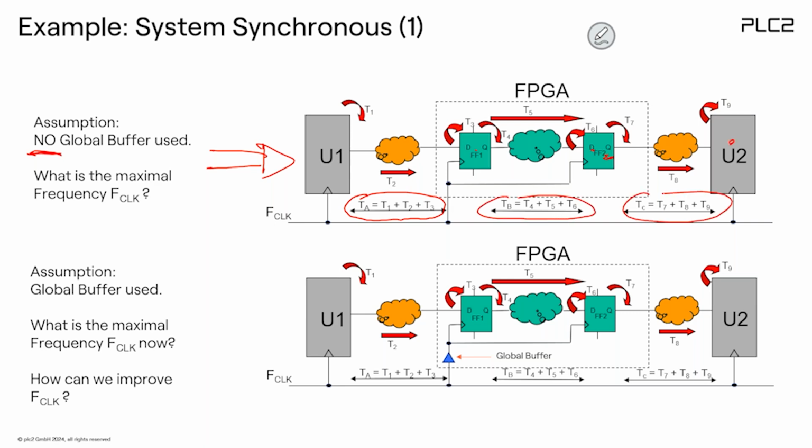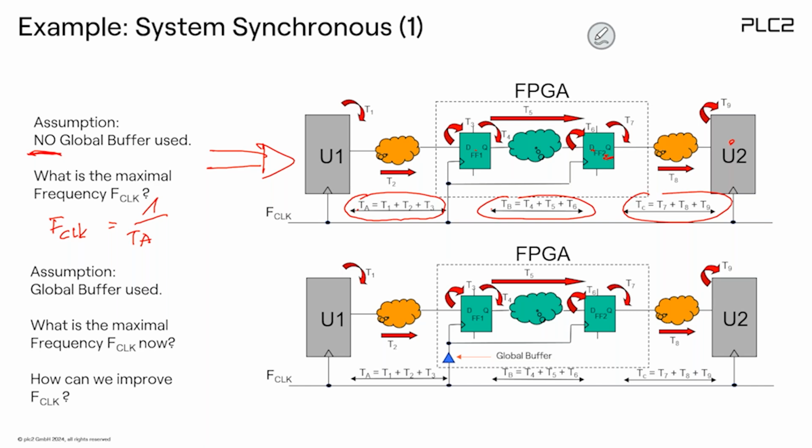What is the maximum frequency? Well, in this case, FCLK would be 1 over TA, for example. This means one over the biggest time. TA, TB, TC, the biggest time actually defines the frequency.